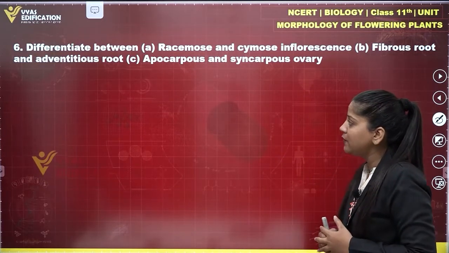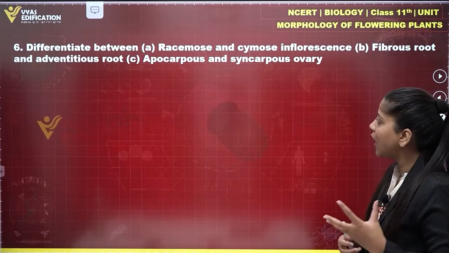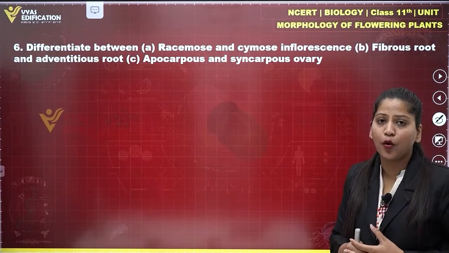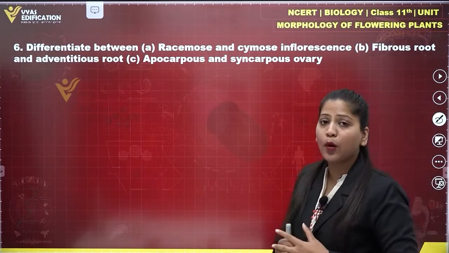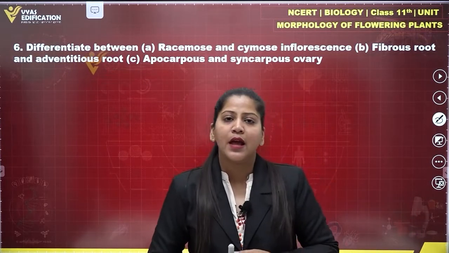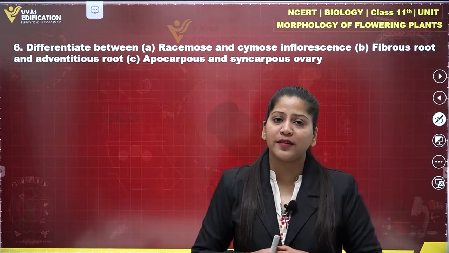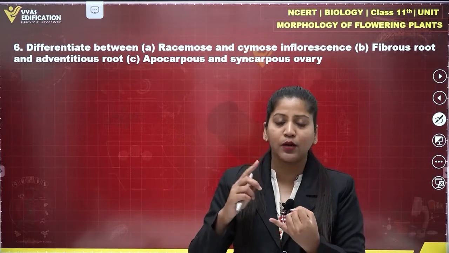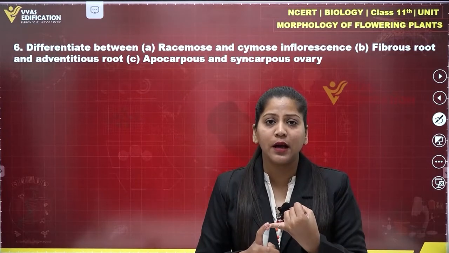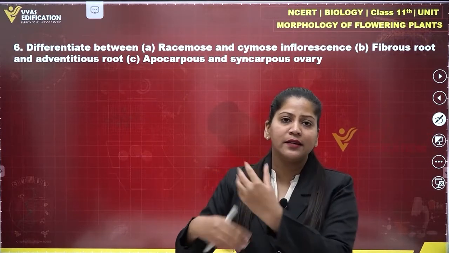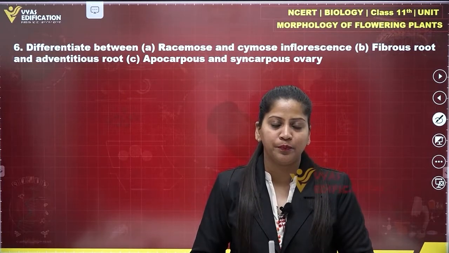Now, the last one we have to differentiate is apocarpous and syncarpous ovary. Whenever the carpel or pistil is present in a flower, it can be one in number, two in number, or more than two.